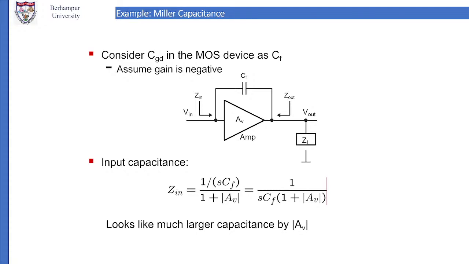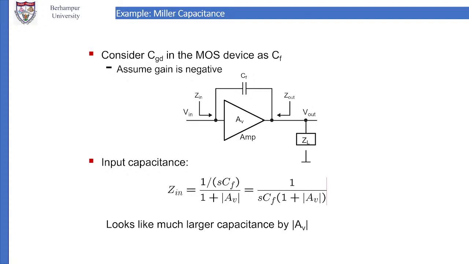Now instead of ZF we are using CF here. Then its impedance ZF will be equal to 1 by SCF, where S is j omega. So the input impedance Zin is equal to 1 by SCF by (1 plus the amplitude of AV), which is equal to 1 by SCF into (1 plus AV).